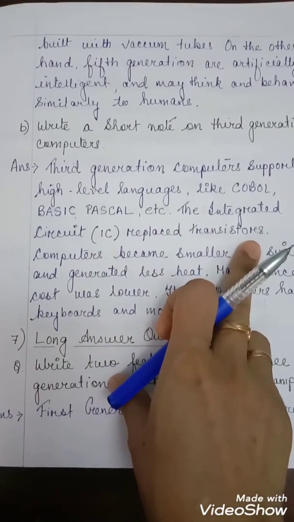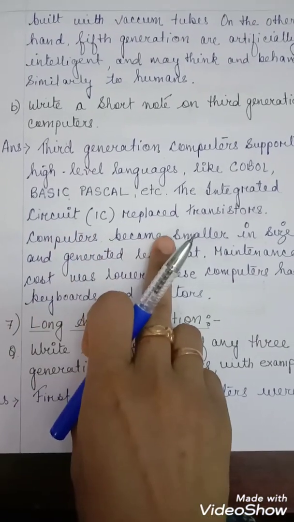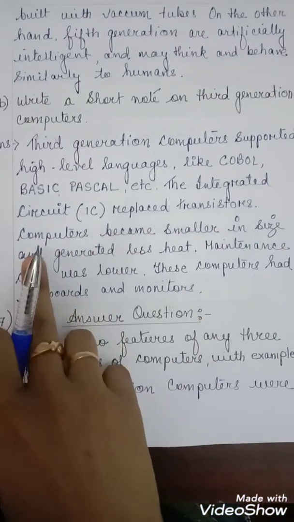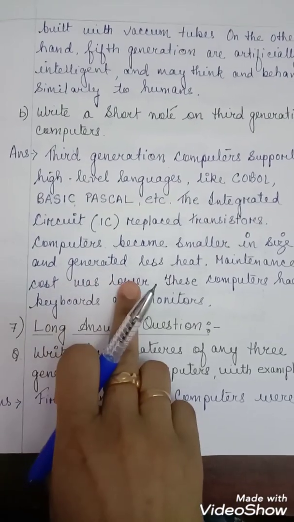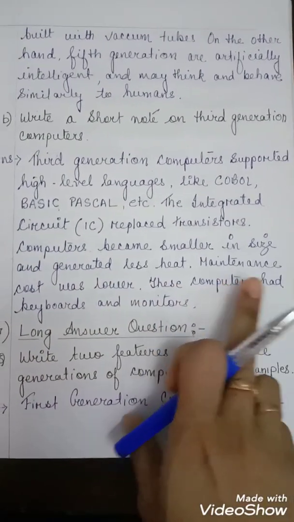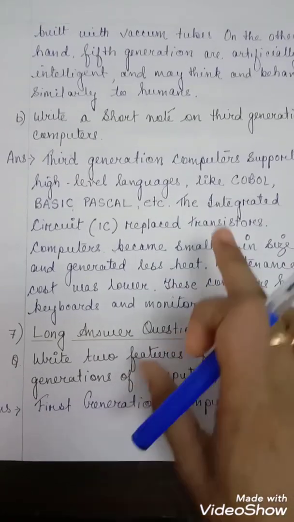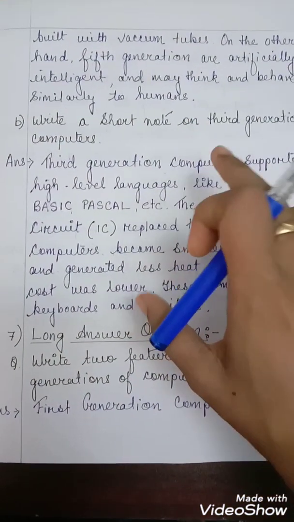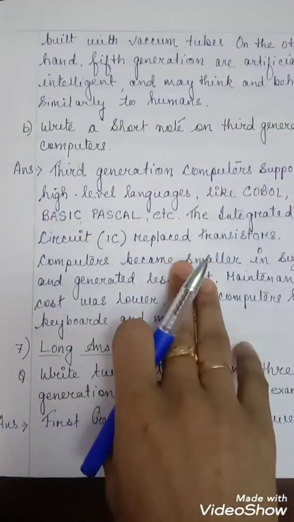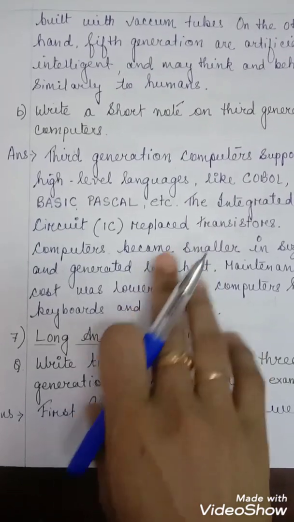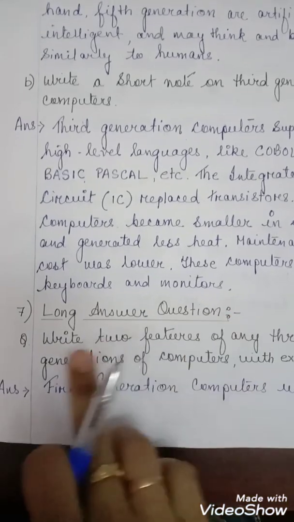So transistors were used in second generation computers, right? Computers became smaller in size and generated less heat. Maintenance cost was lower. These computers had keyboards and monitors. So this is how you have to write down the answer of third generation computers. The short note on third generation computers. Right? Clear, children?